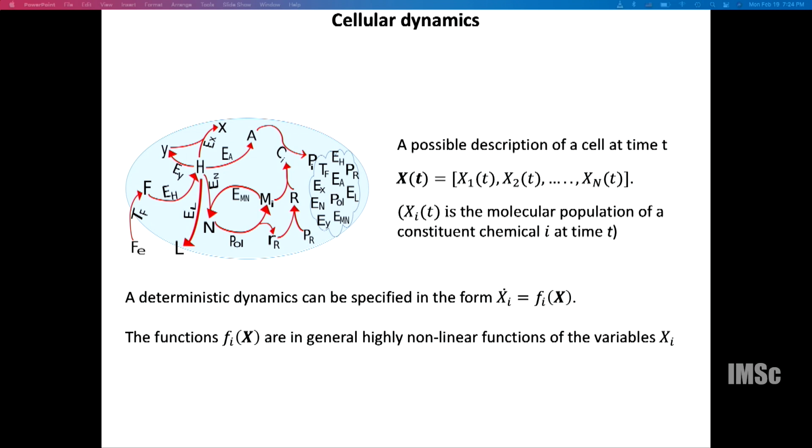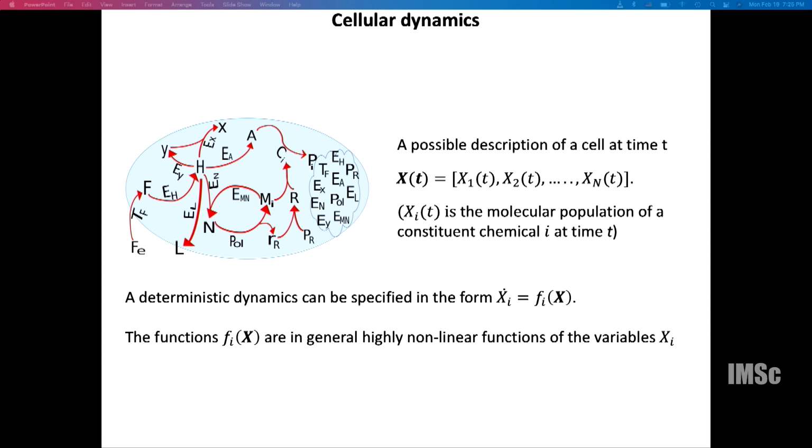So it contains all the reactions, all the interactions; the complexity of the cell is inside these functions. And these functions are in general highly nonlinear functions of the variables xi, because chemical dynamics is nonlinear.